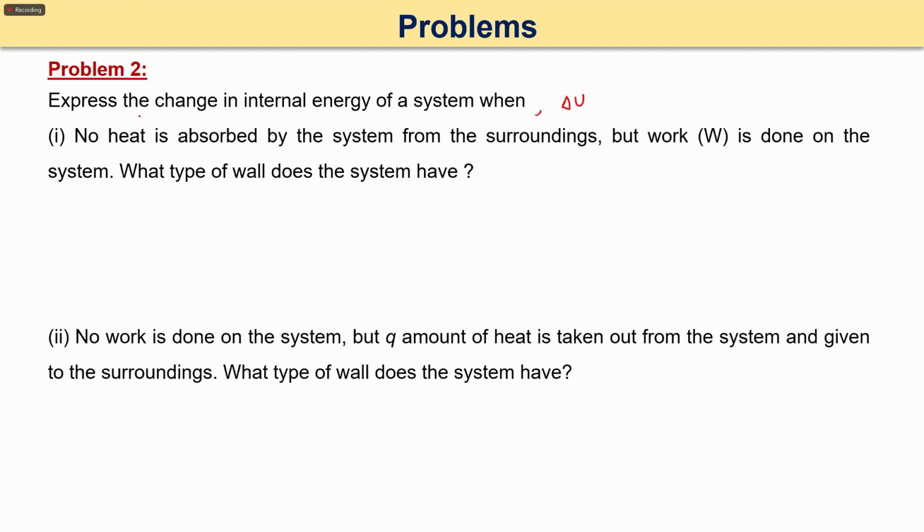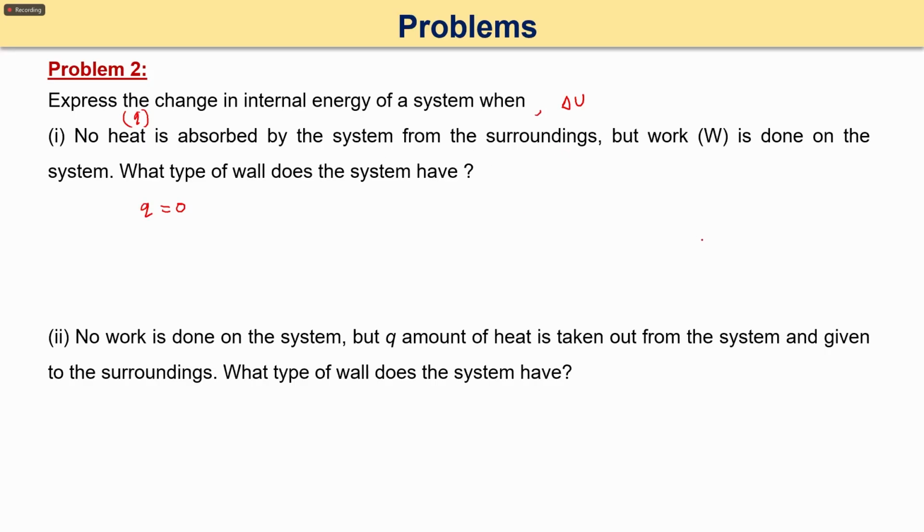Heat is Q. That means your system is not absorbing heat. If your system is not absorbing heat, then Q is equal to 0. No heat is absorbed by the system from the surrounding.